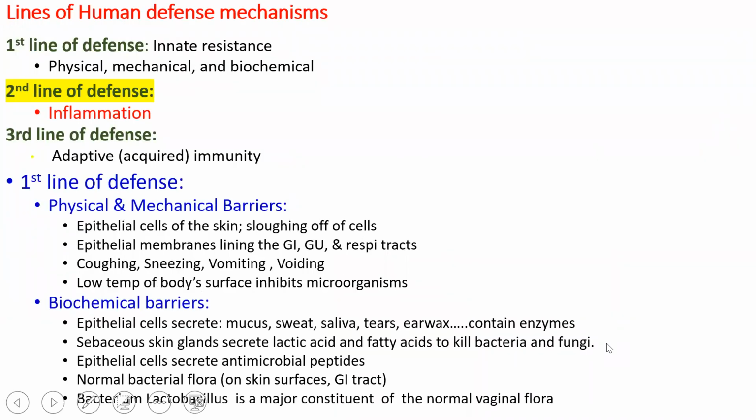So the chapter begins with human defense mechanisms, and this chapter goes over inflammation, acute and chronic, infections and the immune system, and the different types of immune deficiencies.